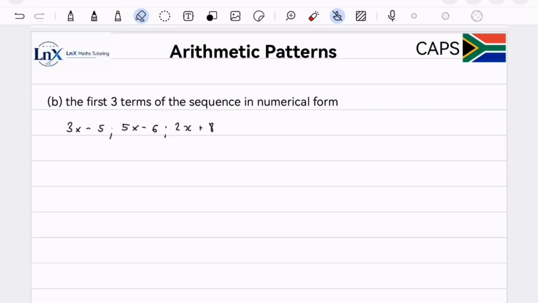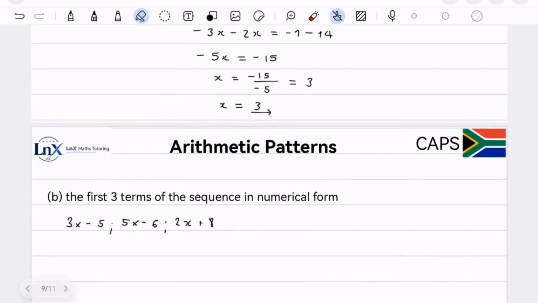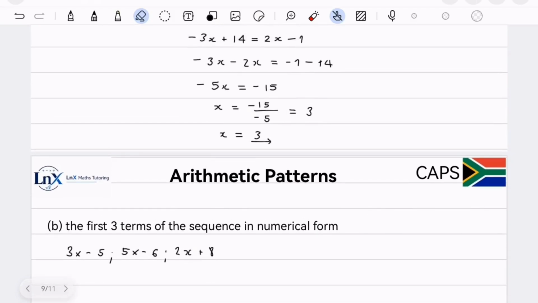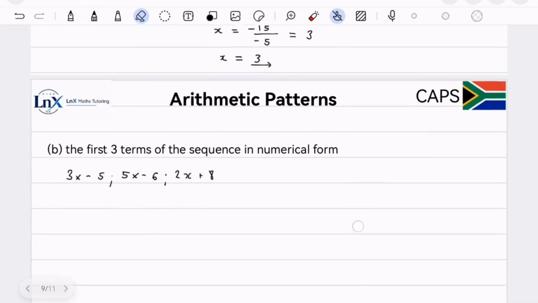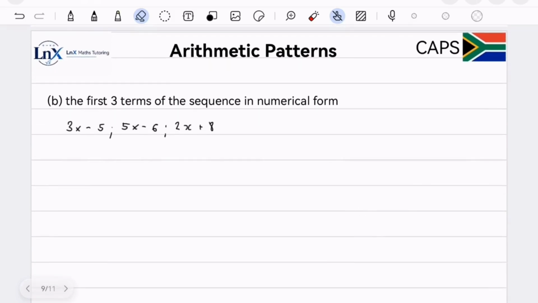Alright, so we've already solved for x. We know that x equals 3. So question B is saying, what are the first three terms of the sequence in numerical form? So we know that the first term is 3x minus 5, second term is 5x minus 6, third term 2x plus 8.